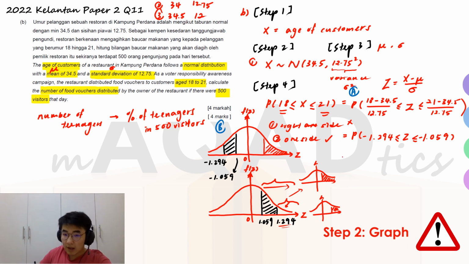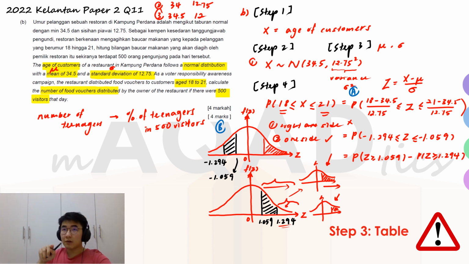So here I will write, for this part I will say P(Z ≥ 1.059), okay, which is the values more than this 1.059, and I minus off this area, which is the probability of Z being more than or equal to 1.294. So our first step is to refer to the table to help us find the probability.